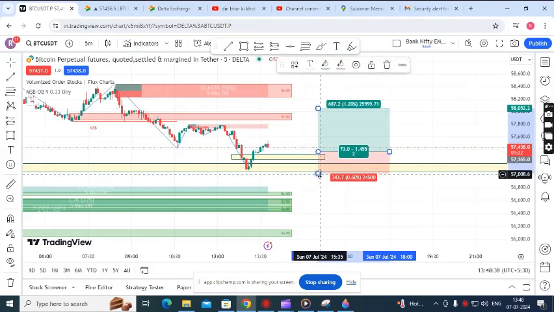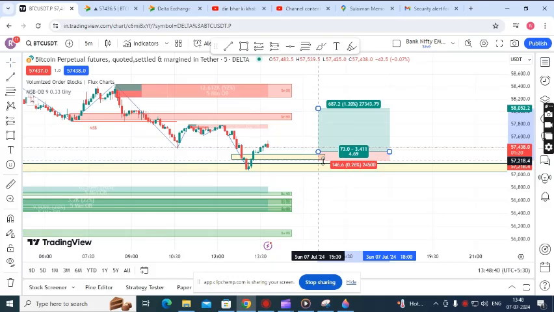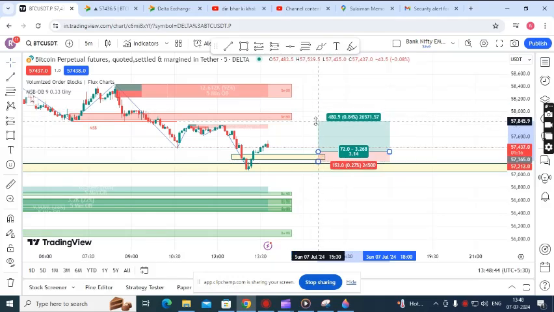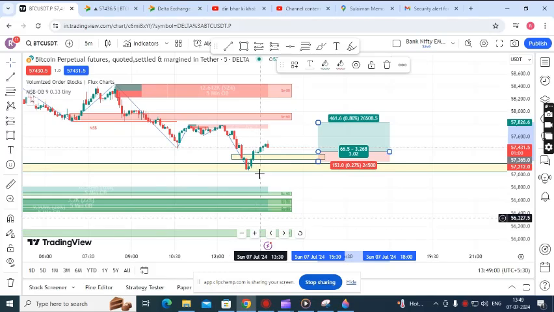Okay guys, don't take so much big stop loss. I think 150 point stop loss is enough, and 1 is to 3 trade we can take up to this one. Exactly 1 is to 3 is this one. So it will be 400 points. So let's see.